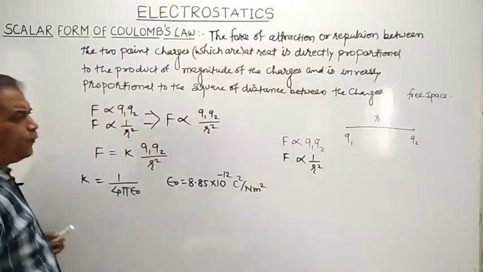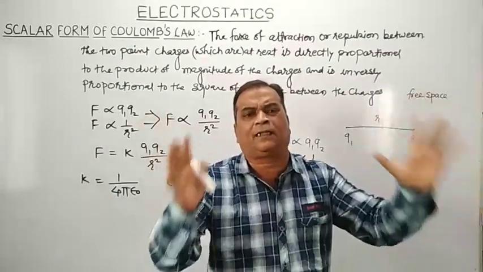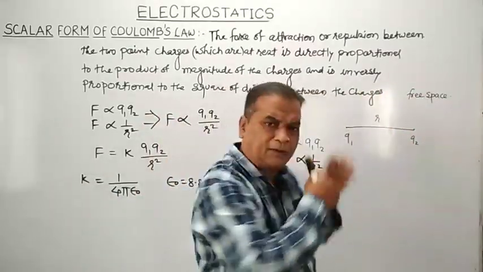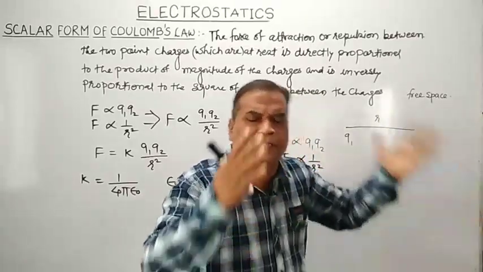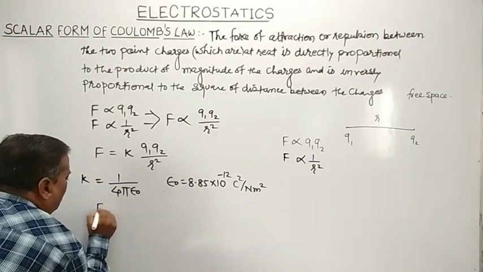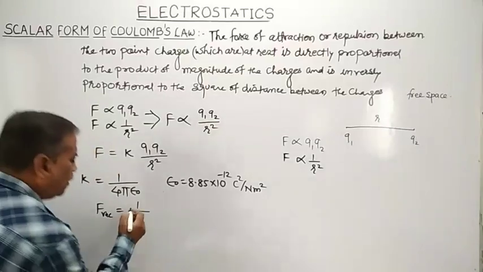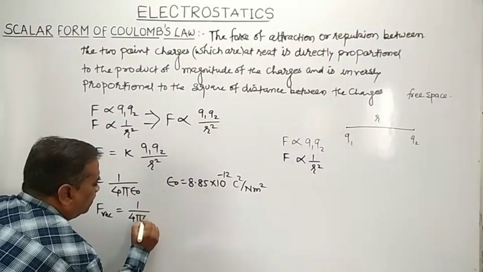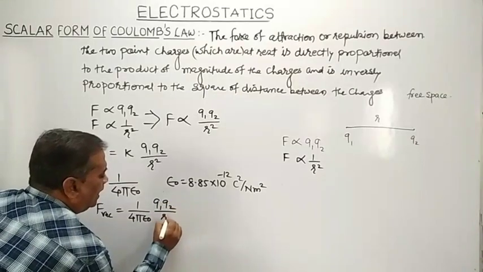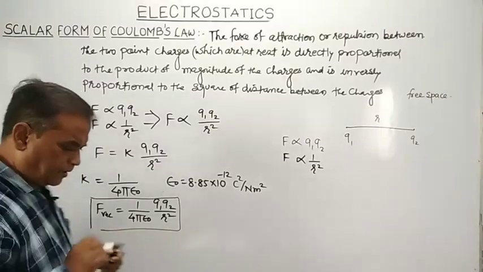So, the expression for the force of attraction or repulsion between two point charges which are at rest with respect to each other and kept in vacuum at a distance r apart is given by F in vacuum is equal to 1 upon 4 pi epsilon 0 Q1 Q2 divided by r square.